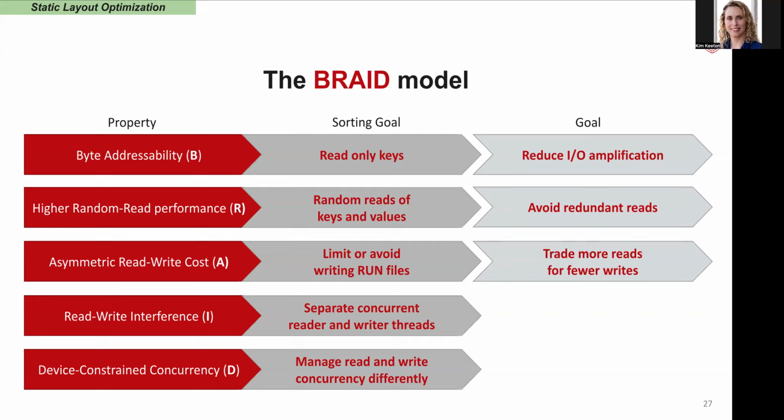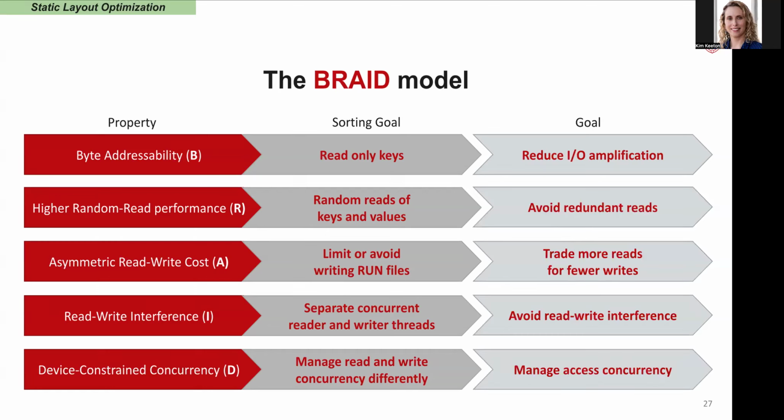Asymmetric read-write means you should trade more reads for fewer writes on this device, and read-write interference means avoid reads and writes at the same time on this device. Finally, you also need to think about how different operations require different concurrency models. So you need to think about how to design your algorithm so you can separate those operations at a given time and provide different concurrencies.